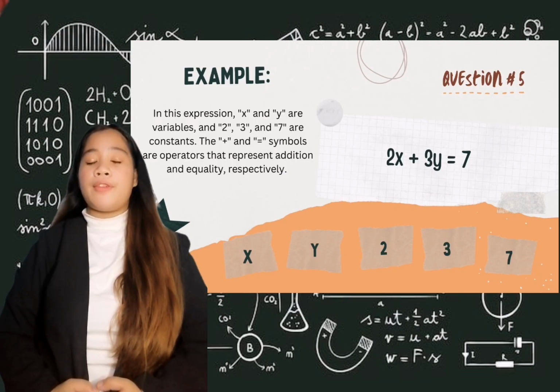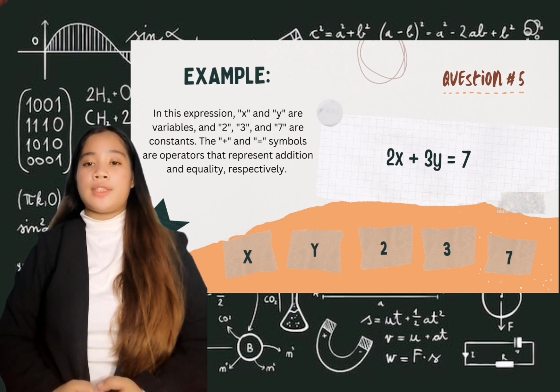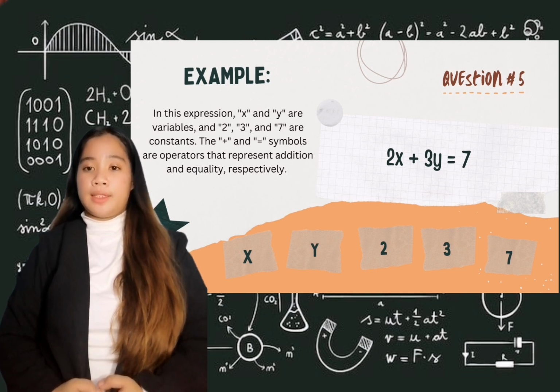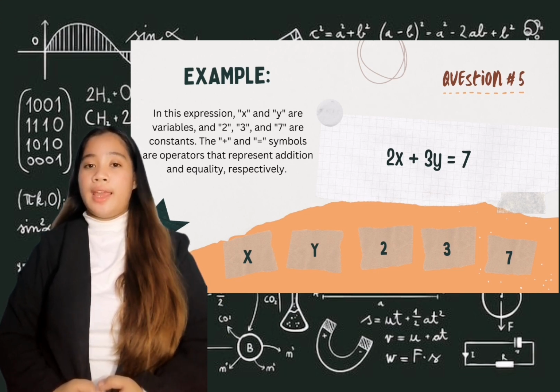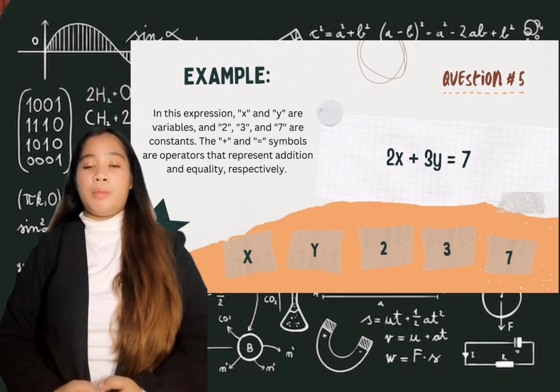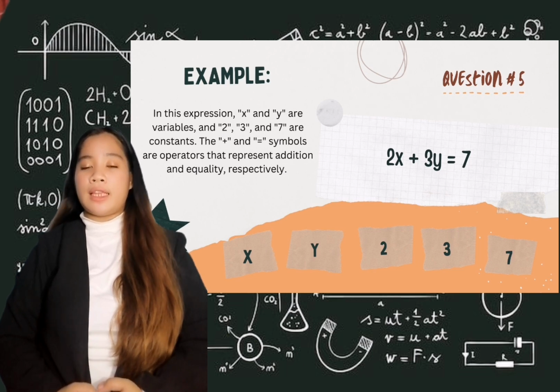Here is an example of a mathematical expression with symbols. 2x + 3y = 7. In this expression, x and y are the variables, and 2, 3, and 7 are constants. Then the plus and equal symbols are operators that represent addition and equality respectively.